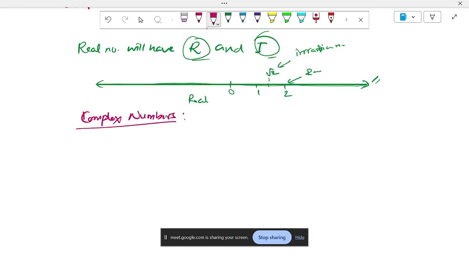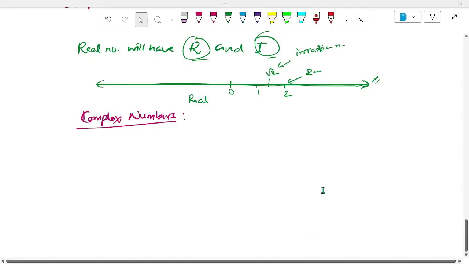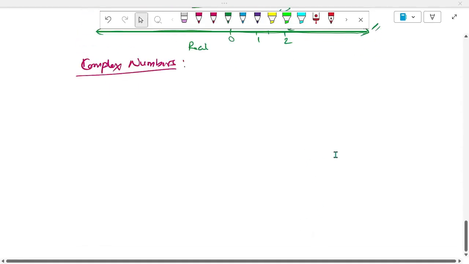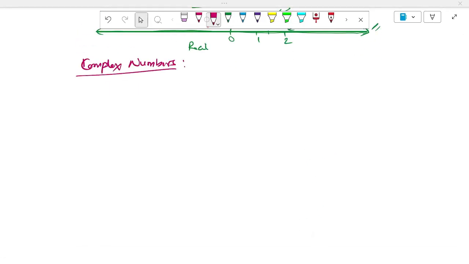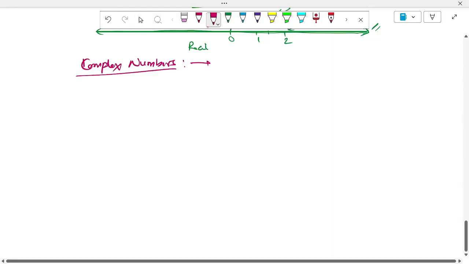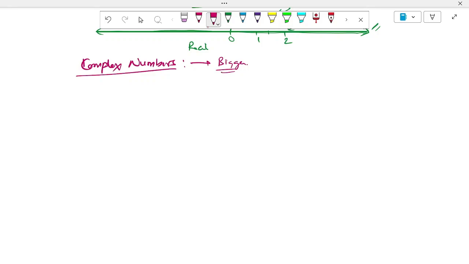Now if you look at these complex numbers, this is much bigger. This has much bigger numbers compared to real numbers. Now the best example for a complex number is a plus ib.